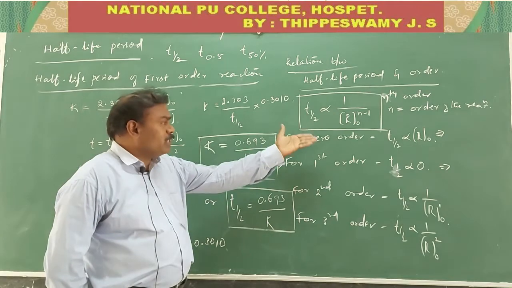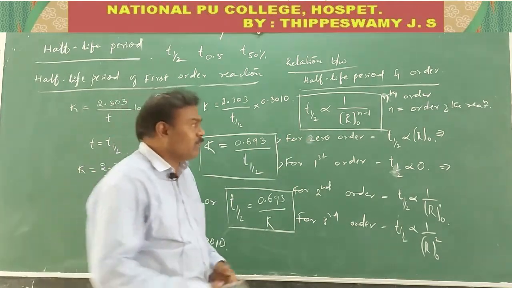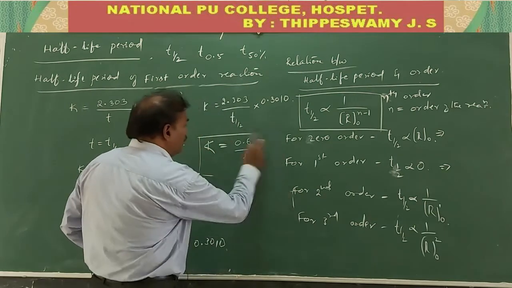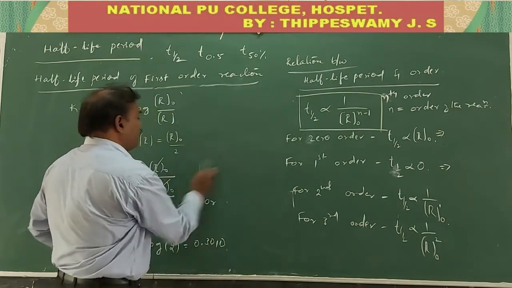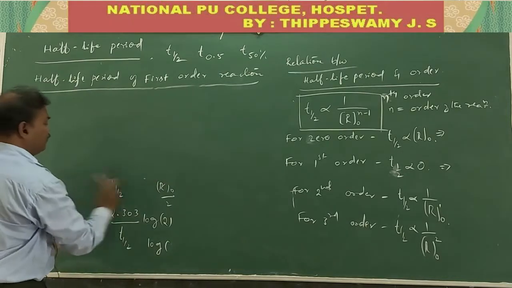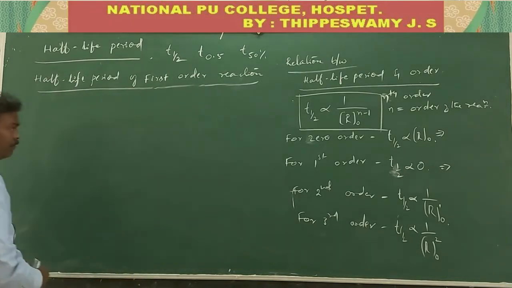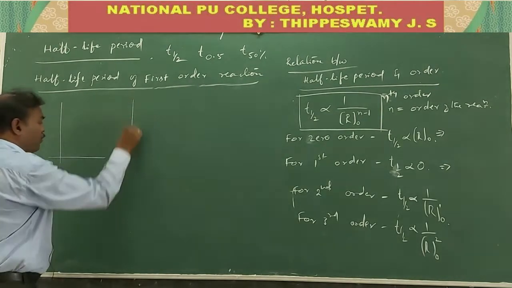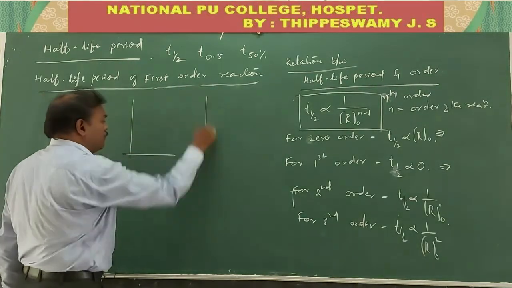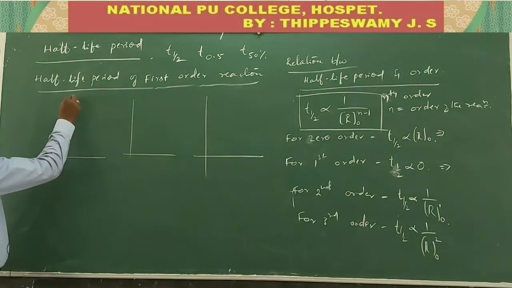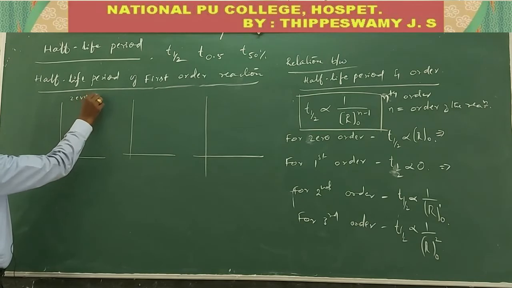For this we can also plot a graph. I am just showing a rough diagram of the nature of the graph. If you plot a graph for zero order, first order and second order, this is for zero order.